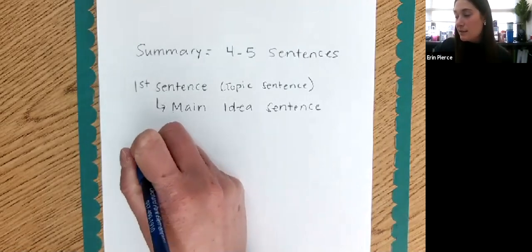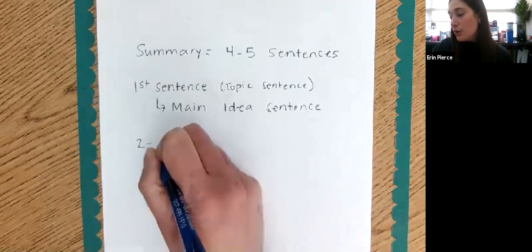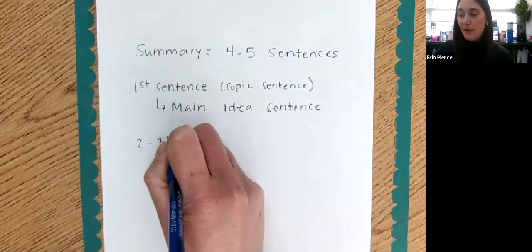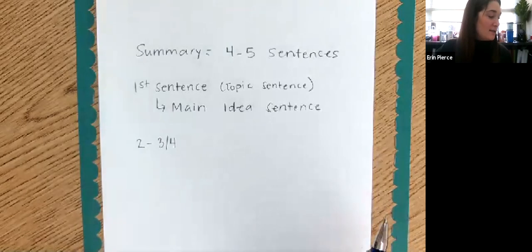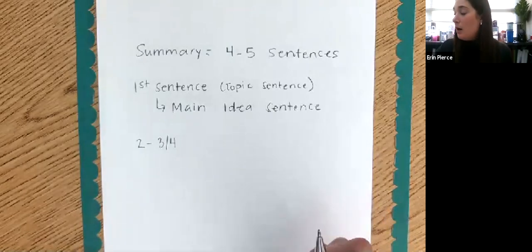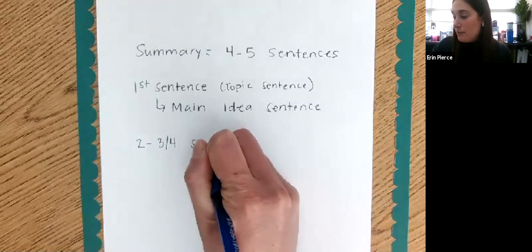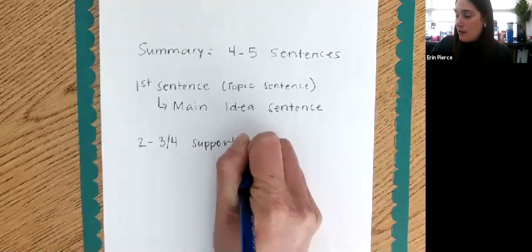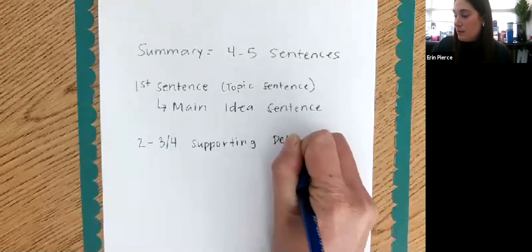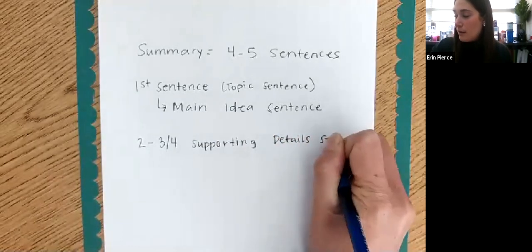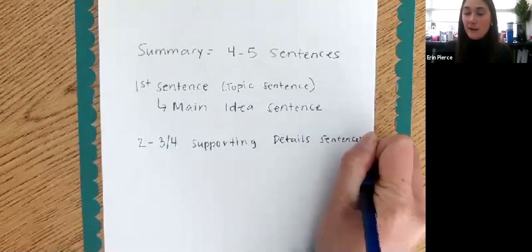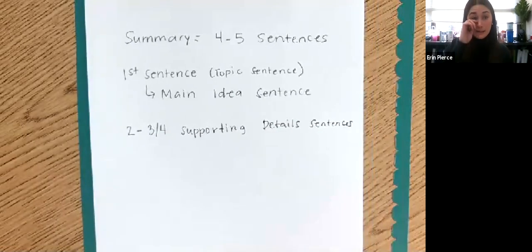Your second through third or 4th, depending on how many sentences you do, is your supporting details sentences. What are you talking about that supports your main idea sentence? What are things in the text that support that?